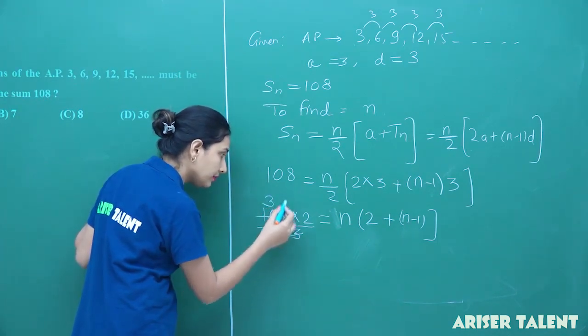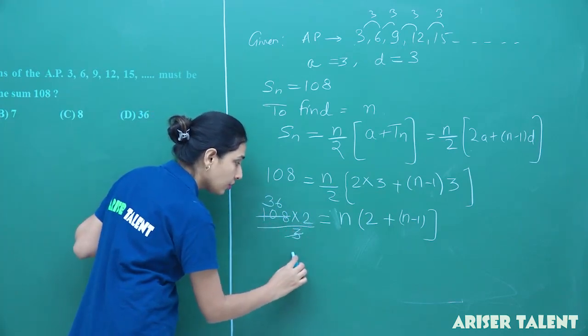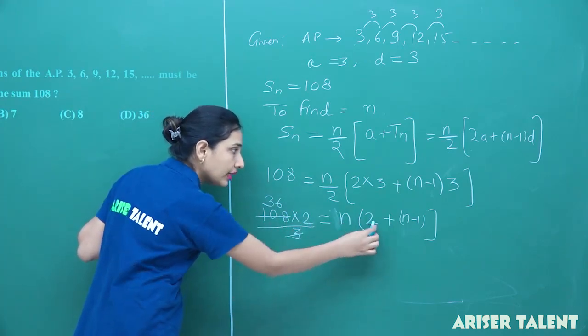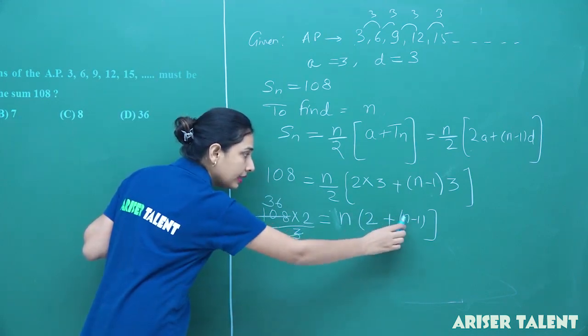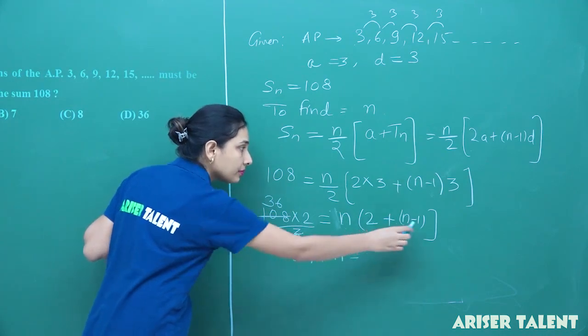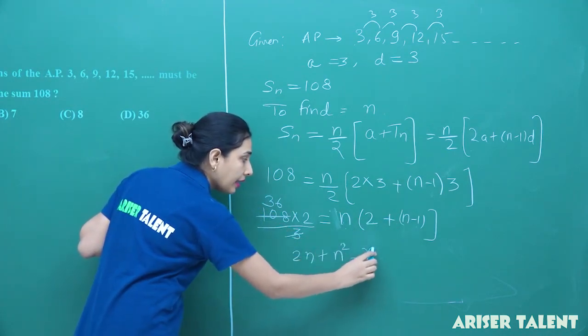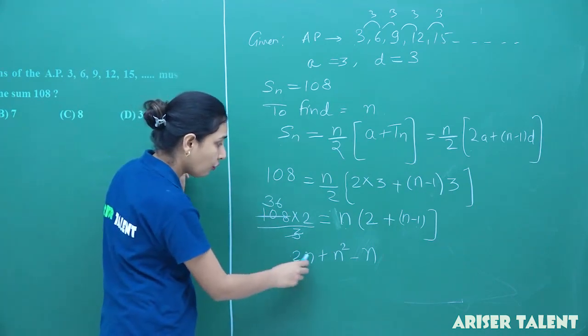3 times 12, that is 36. So this will become 2n plus n square minus n. Okay. So what will it become?